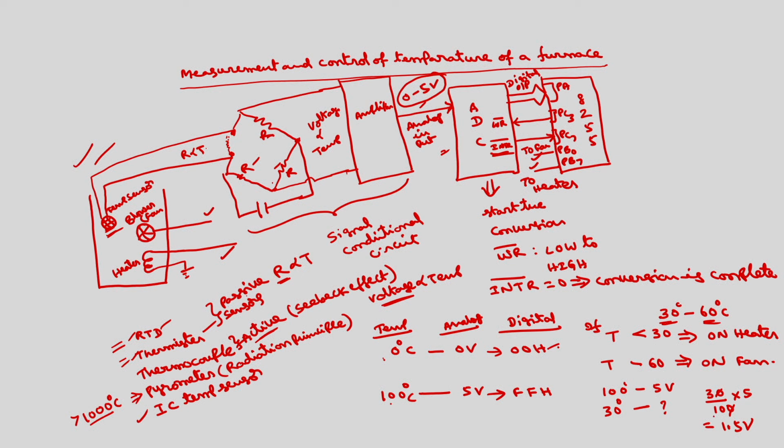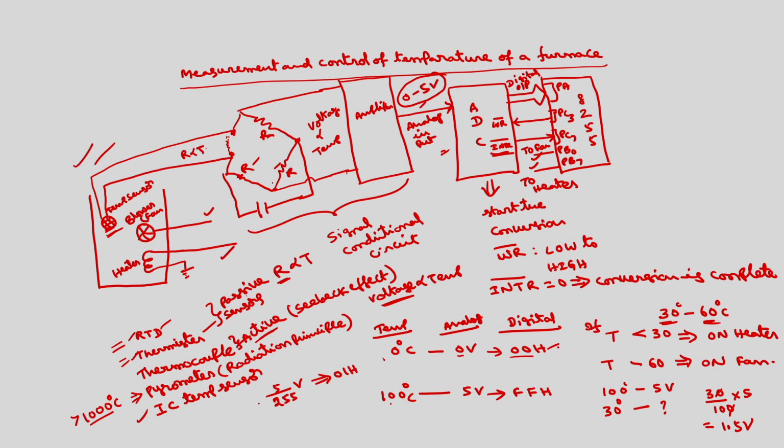So 1.5 volts corresponds to what digital value? As I have discussed, to get from 00H to 01H, the step is 5 volts by 255. So 5 by 255 volts corresponds to 01H.